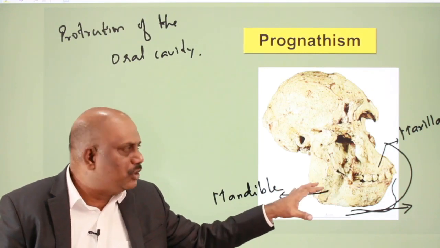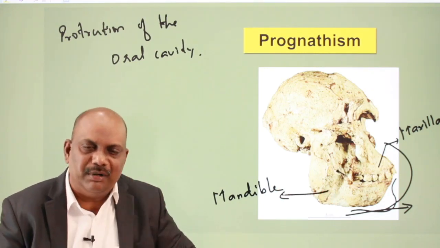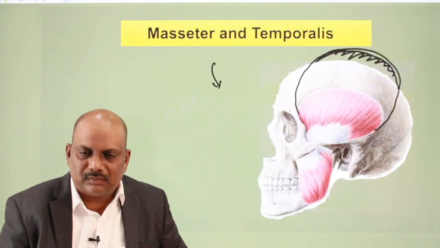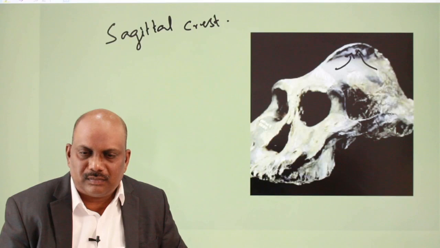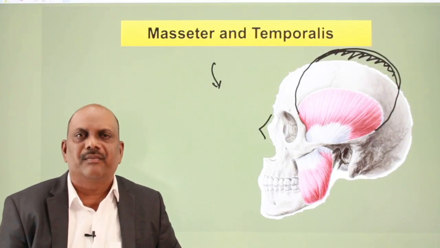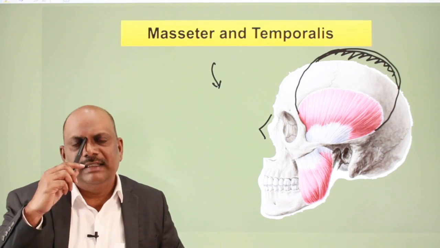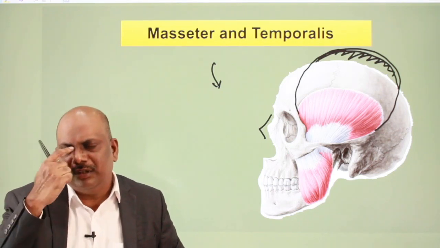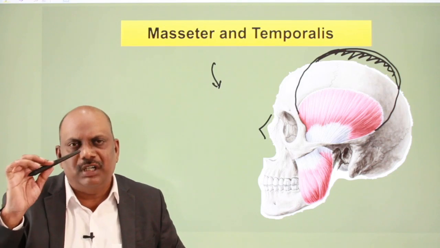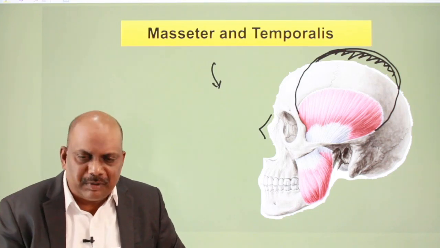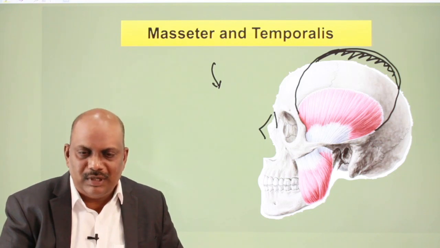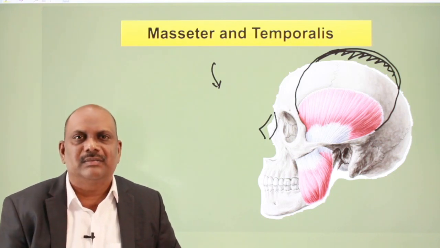So the very large mandible, along with that, the nasal bridge. This is the nasal bridge. For us, the nasal bridge is projected forward. But for these primitive apes, for Australopithecus and Homo erectus, this nasal bone is depressed like this.